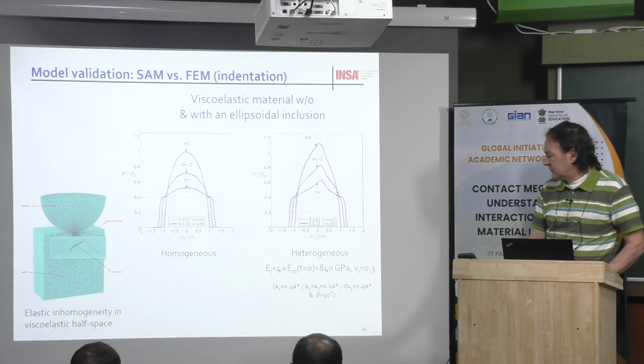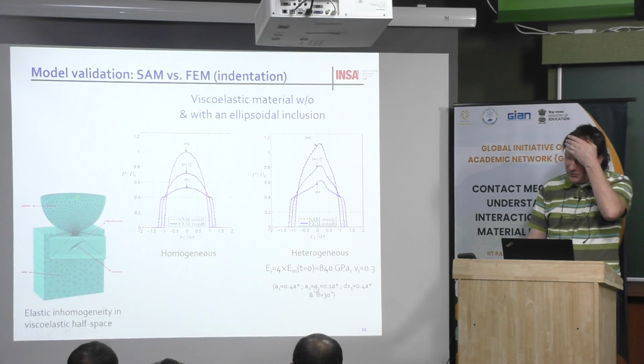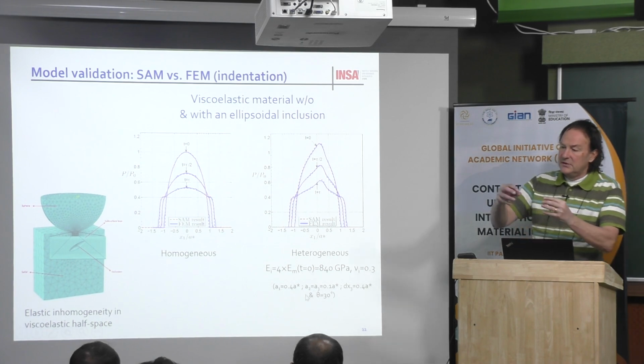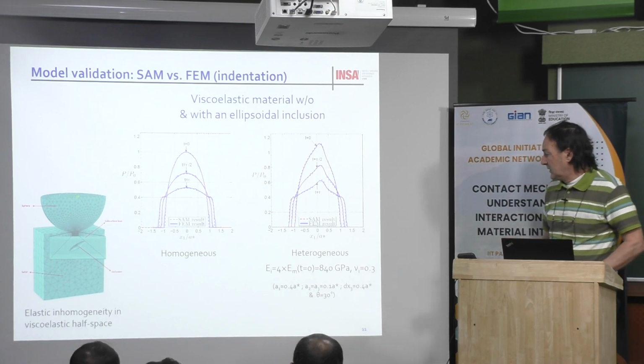The size of the ellipsoid is 0.1 times the contact radius for dimensions 2 and 3, and for the first direction, it's 4 times bigger, so a slightly elongated ellipsoid.